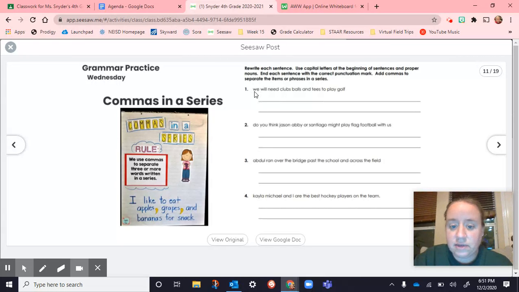And then this also had some capitalization errors, and each one of these, except for number 4, already had punctuation at the end as well. So capital W for the "we will need clubs, balls, and tees to play golf." So we rewrote each sentence and made sure that that was done correctly.